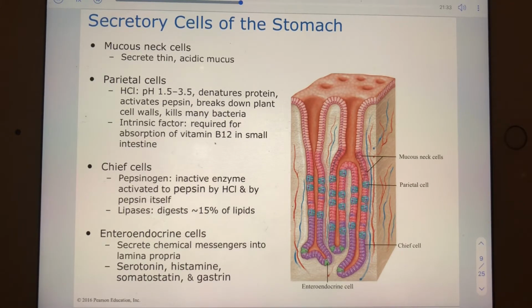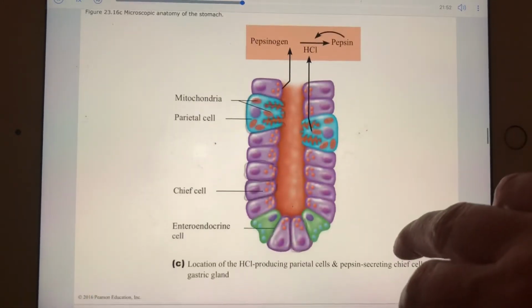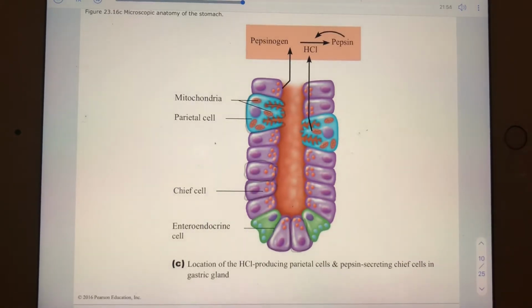And we'll address what those hormones are going to do, what effect they're going to have on digestion as we go. For now, we're going to move on to the next slide, where we can better see at least some of those specialized cells.